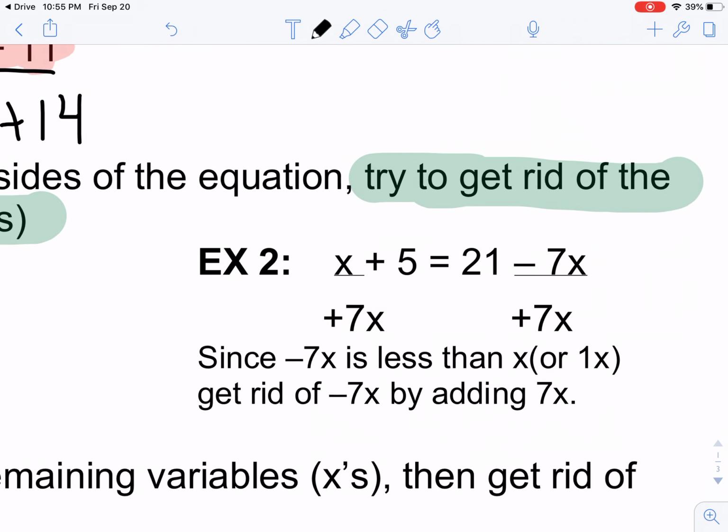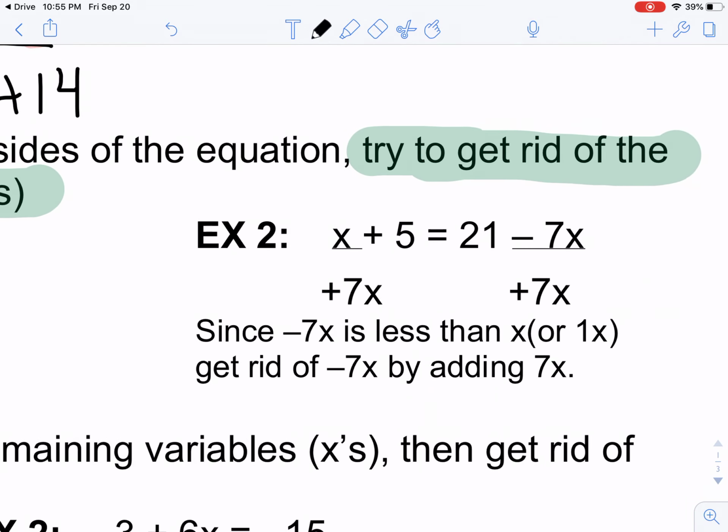So here, another example. We are looking at the x's, or the variables. They are on both sides, so we want to get rid of the smaller valued variable. And we want to compare x and negative 7x. And I want you to think, which one has a smaller value? Right, sweet.